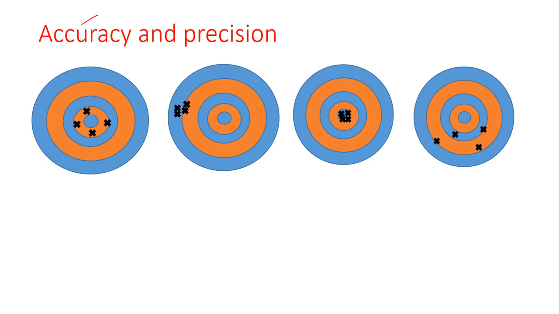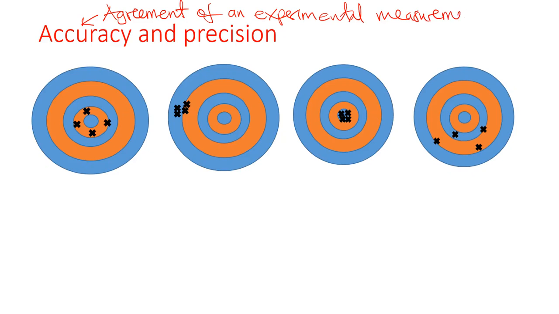So, by definition, accuracy is agreement of an experimental measurement to a true or accepted value.